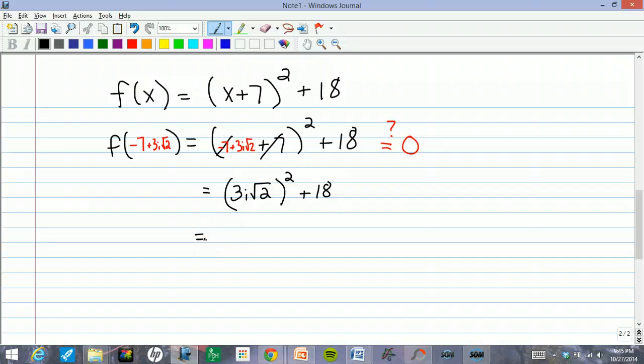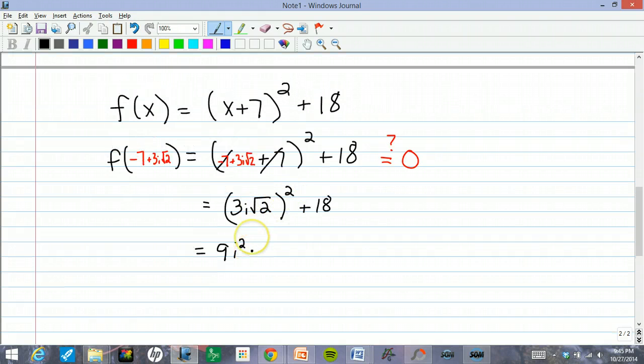We multiply each of these factors by this exponent, or we raise it to that power. So 3 squared is 9. i squared, oh, I love i squared. And the square root of 2 times itself is the square root of 2 squared, and that is just 2. So that all is times 2. Alright, so times 2, and then plus 18.